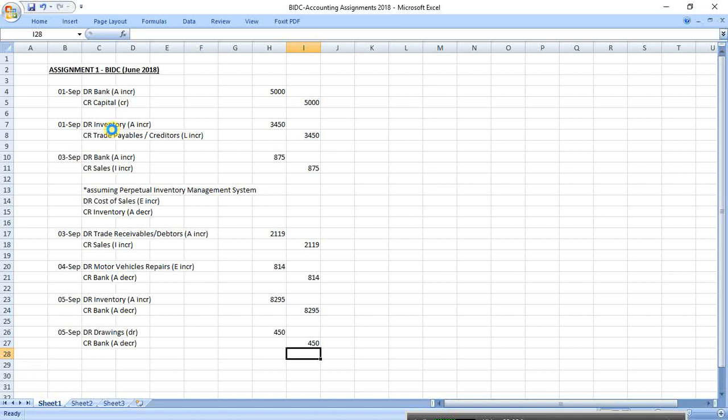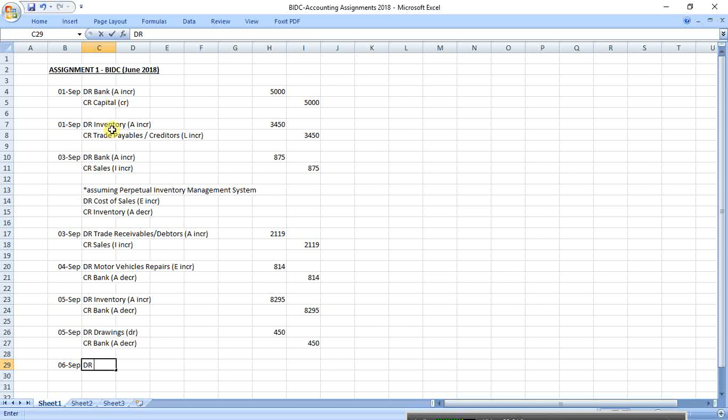Number 6, September. The last one for this exercise. Debit what, credit what? So we're going to debit vehicles. Yes, definitely. I would use the words in the question because we don't know if they're going to accept vehicles.